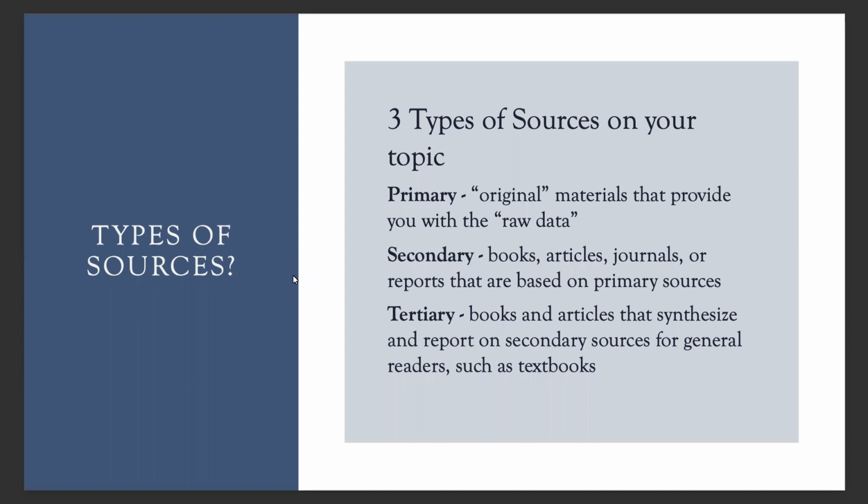So that's your primary source. The secondary source would be books, articles, journals, or reports that are based on the various primary sources. So basically, even if you are doing a literature review, they are pointing you to solve the problem through a primary data source, but they are still somewhat secondary sources for your topic.